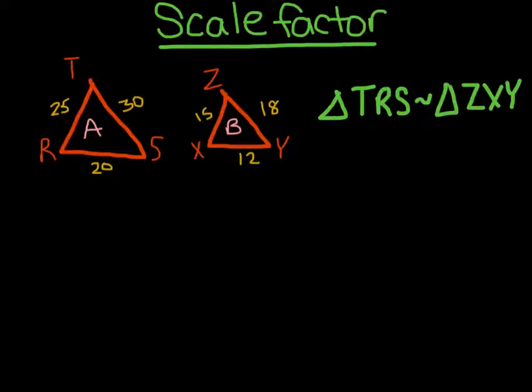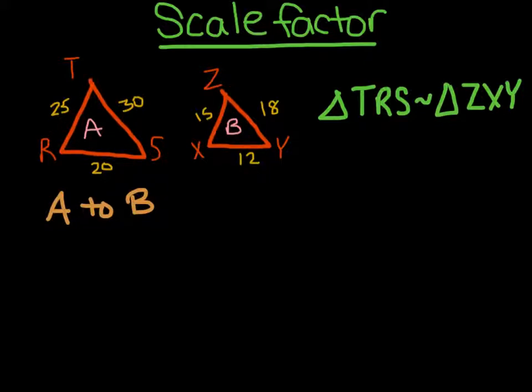So for a scale factor, we need to know, notice I'm calling this one object A on the left and then object B on the right. So it just depends if they're asking for A to B scale factor or B to A. And they can ask that in different ways. So we'll just say A to B first. So that means I'm going to take any sides that correspond to each other, like in their similarity statement, TR and ZX. So TR is over here, ZX is here.